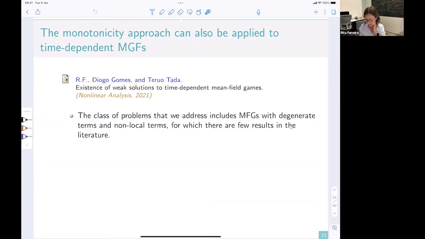And an important feature of the class of problems that we considered is that it includes mean field games with degenerate terms, and local and non-local terms for the coupling. And actually there were not that many results in the literature in these settings.